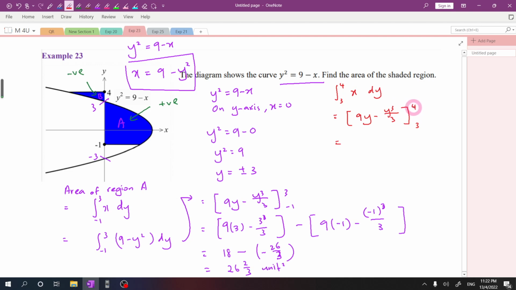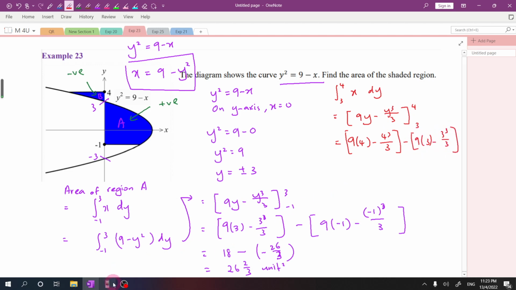Now we are going to bring in the upper limit, which is 4. 9 times 4 minus 4 power 3 over 3. Minus 9 times 3. Oh, this is not y, but 3. Minus 3 power 3 over 3.